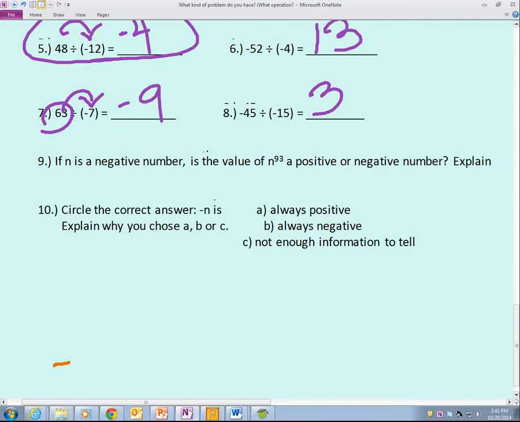If n is a negative number and the exponent is odd, what do we know about odd exponents for a negative number? Yes, it's going to be negative. You are correct. It's going to be negative, and I just explained why.